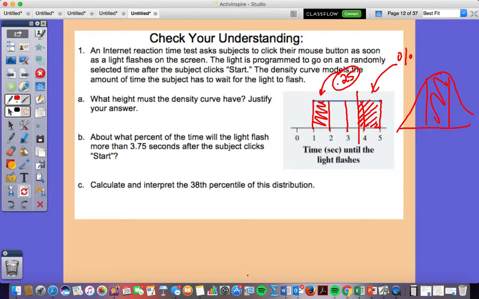Percentage-wise, this is 1.25 of my total 4, right? I want it out of my total 4 area. Does it say greater than? It's more than, right? Subtract from 100, absolutely. And once I get that, that's the percent that we would have.